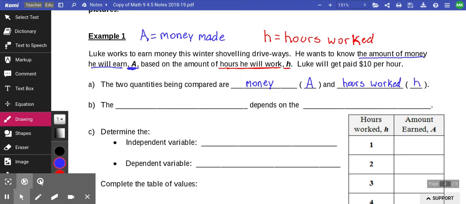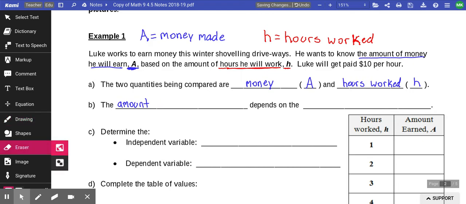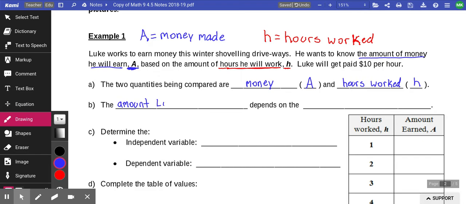Which thing is dependent on the other? The amount you make is dependent on how many hours you work. So we're going to say the amount Luke makes depends on the hours he works.